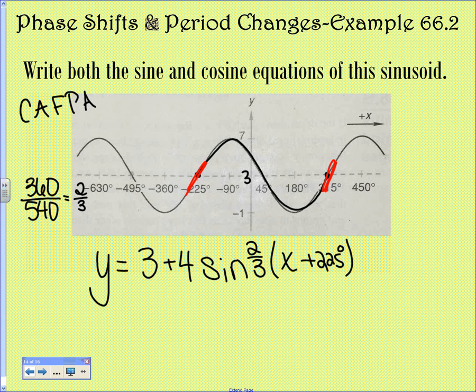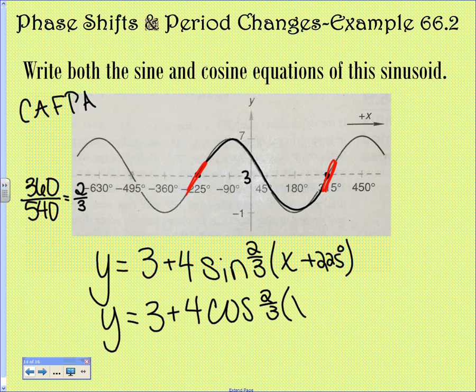For the next one, we're going to do cosine. What is the center line? What is the amplitude? What is the period? Is it still 2/3? Yes? The only thing that changes is the angle. So we want it to be a maximum.